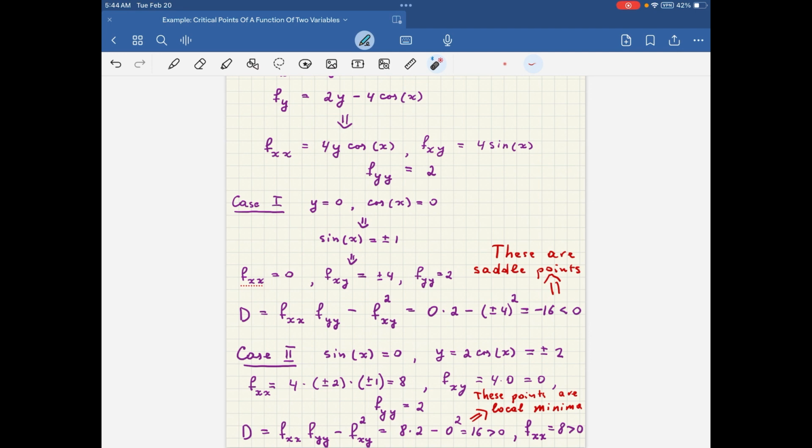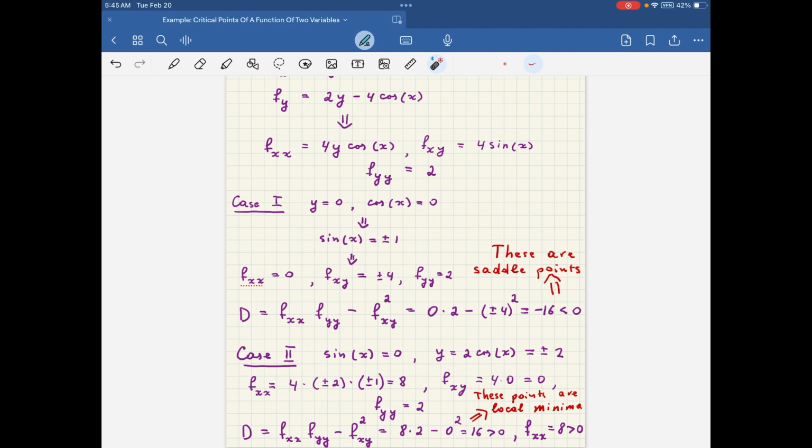For example, if the value of y is positive 2, so if we're using the positive sign, which is on top here, then the corresponding sign for cosine x is also positive. And so we get plus 2 times plus 1 times 4, which is positive 8.